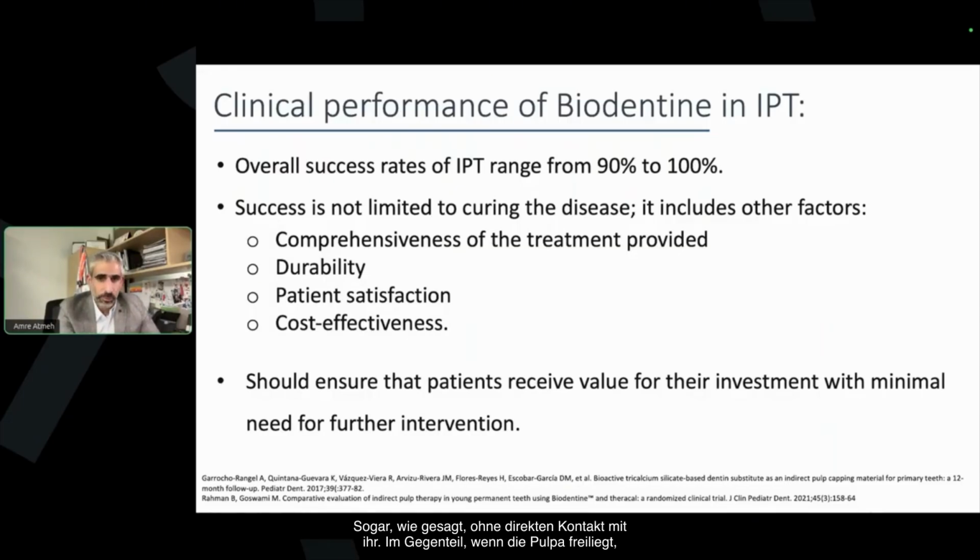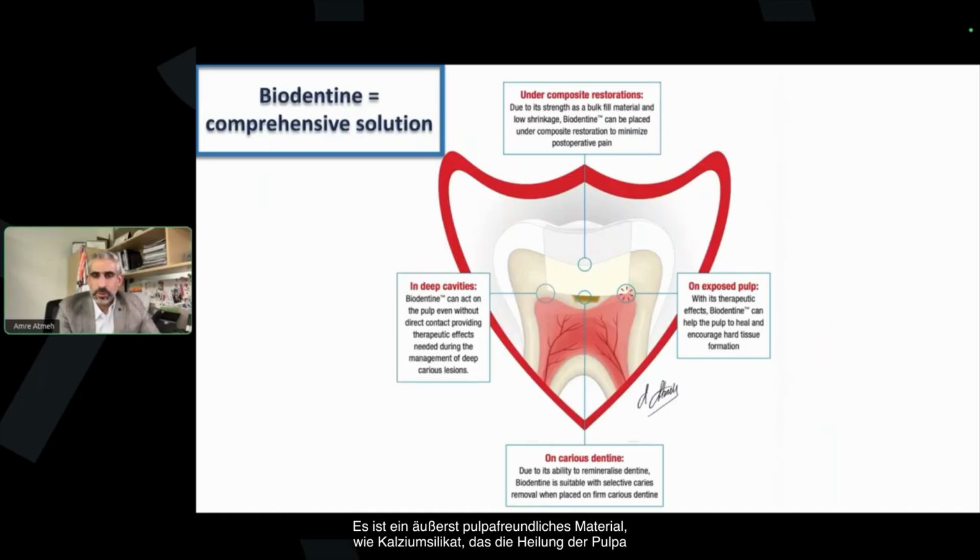Numbers are good, numbers are indicative, but we should also think about other factors when comparing the clinical performance of these materials. And that's why, to relate to the comprehensive solution, Biodentine can be considered a comprehensive solution. If we talk about deep caries management and placing it as indirect pulp capping, Biodentine can act on the pulp, as I said, even without direct contact with it.